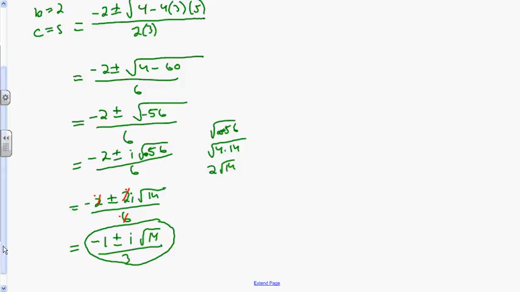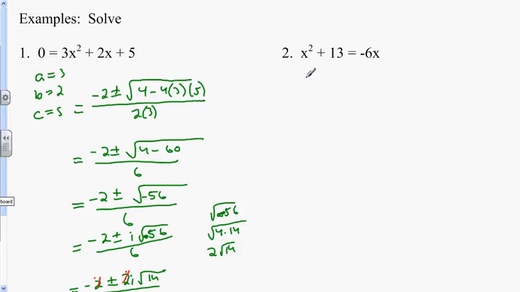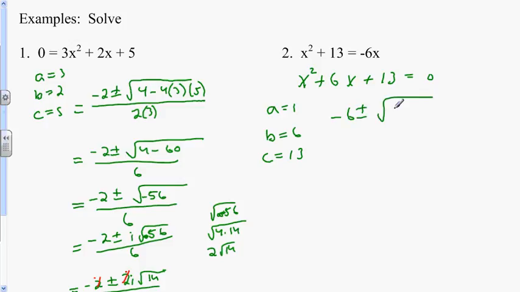Next question. I'll do this quickly here. I have to solve set equal to 0, so I add 6x to both sides. So a is 1, b is 6, and c is 13. So negative b plus or minus the square root of b squared minus 4 times a times c, all over 2 times a.